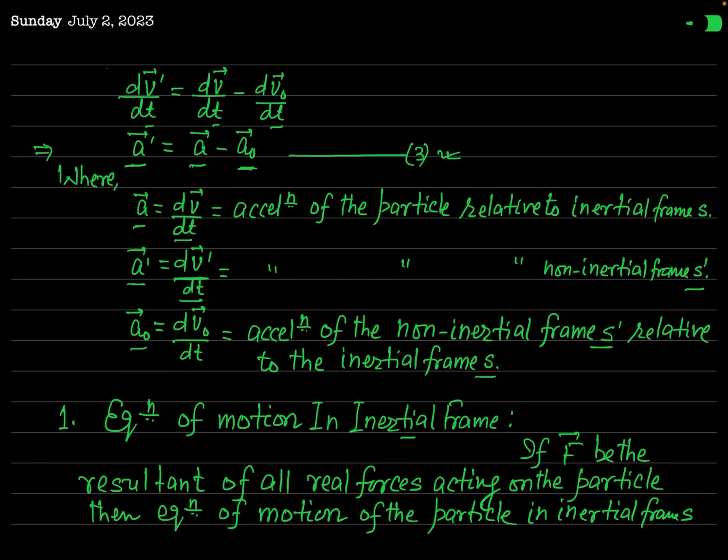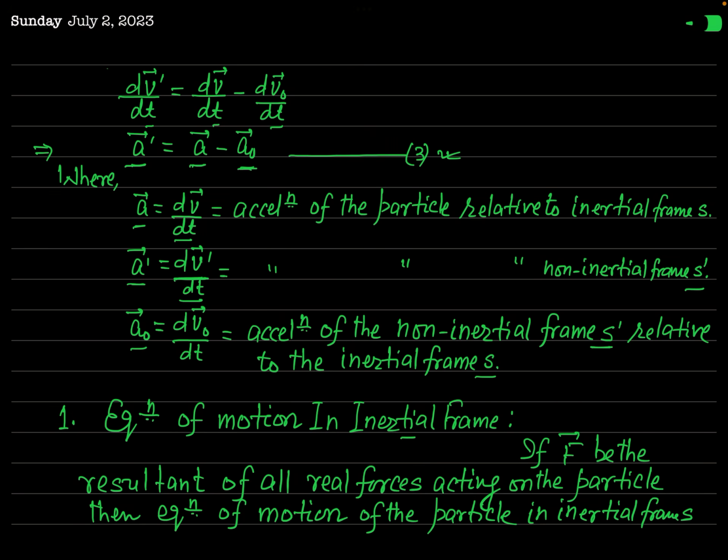When you say equation of motion in classical mechanics or Newtonian mechanics, it means you have to write down the expression for the net force, and according to the second law of motion, net force is equal to mass times acceleration. That is called the equation of motion.